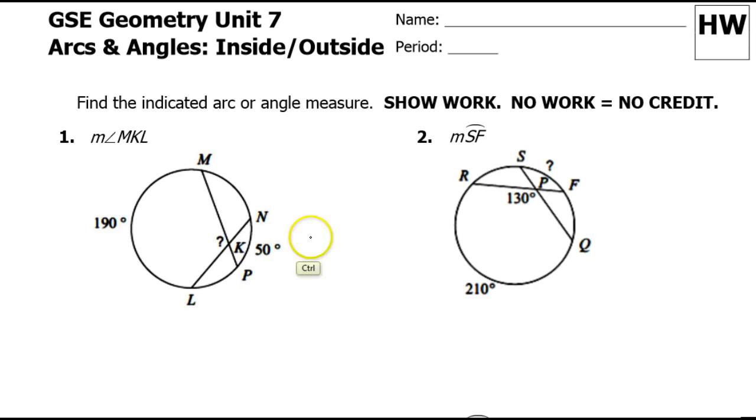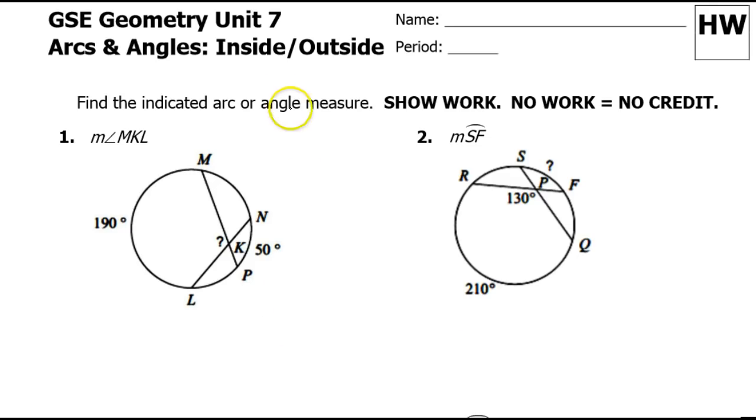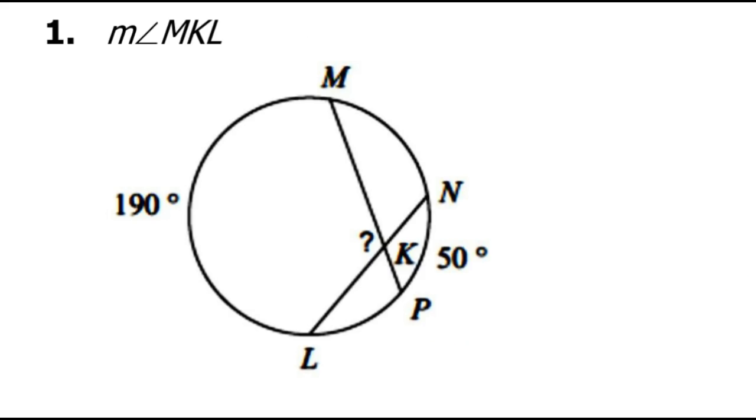So of course, these first two problems are this first situation where the angle is inside the circle. So we're going to be using this formula, arc plus arc divided by 2. Okay, let me zoom in. So remember, the formula goes like this. Angle equals arc plus arc divided by 2.